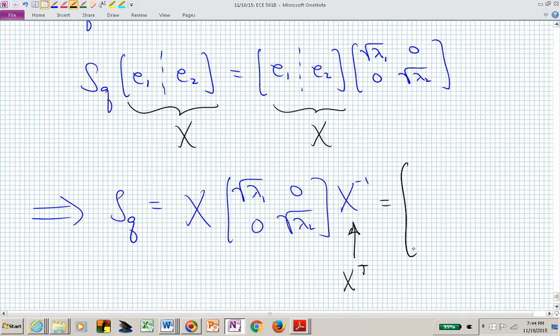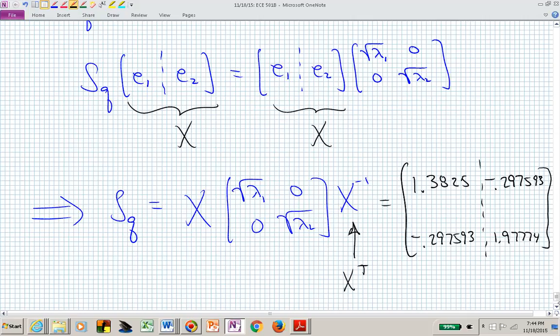And now, if you form that matrix product, you end up with 1.3825 and minus 0.297593, minus 0.297593, and 1.97774.